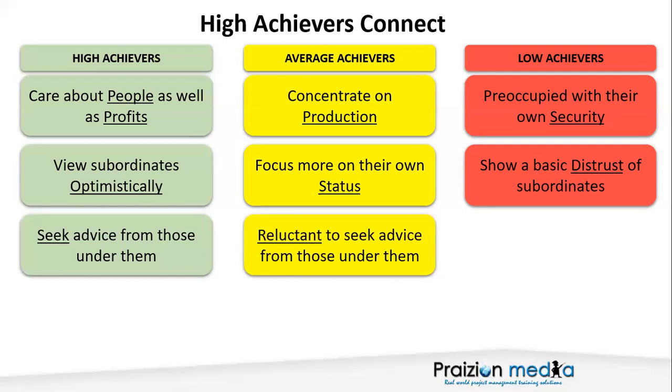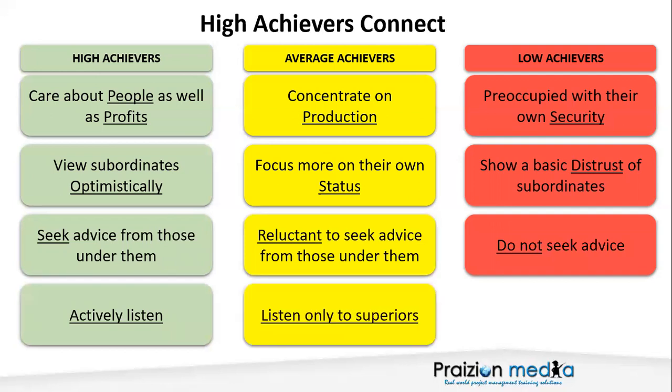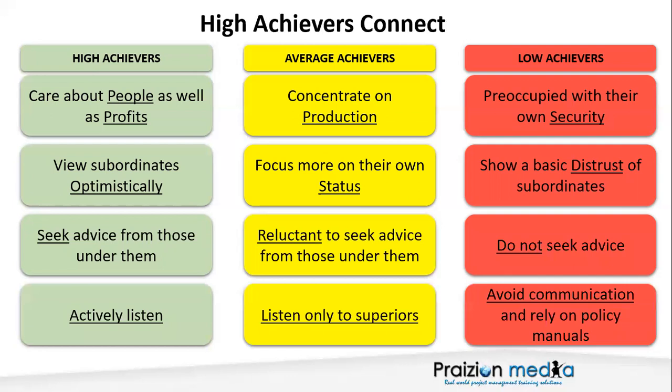Average achievers are reluctant to seek advice from those under them, and low achievers, they don't seek advice. Now, when it comes to communications, high achievers actively listen. Average achievers, they listen only to superiors. And low achievers, it was found, they avoid communication and rely on policy manuals.